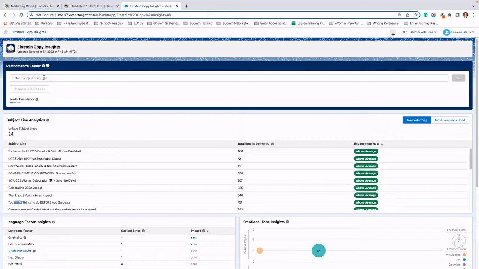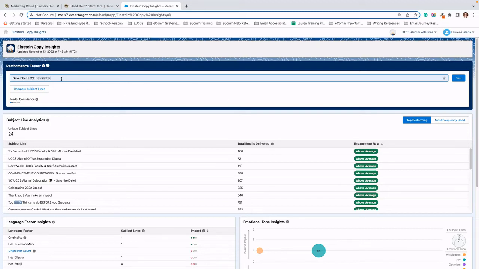How you do that is you just enter a subject line in here. Let's say you're going to send out a November newsletter, and what you typically title it is November 2022 newsletter, and you want to see how this is going to perform.